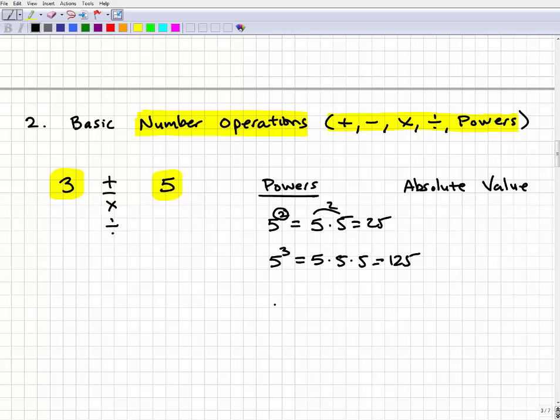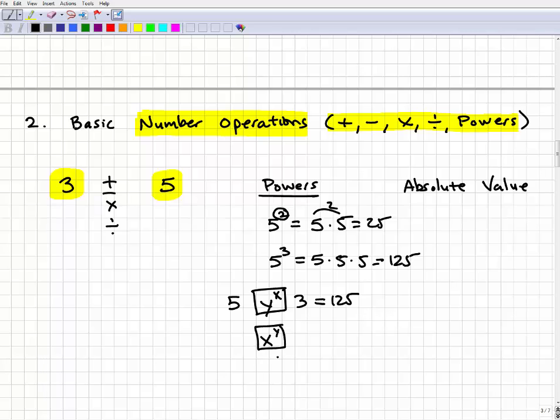Now, on your calculator, you'll have one to three keys. Generally speaking, you'll have a key that looks like this. That's a power key. So you'll press 5, hit this button, then put the 3 in. If you hit enter, you'll get 125. If you don't have that key, you may have a key that looks like an X with a little Y. It's a very common key.